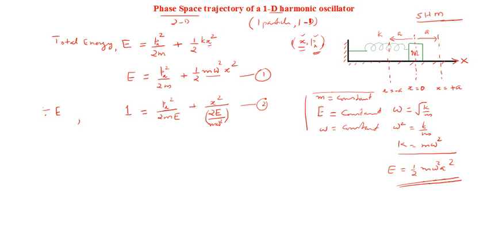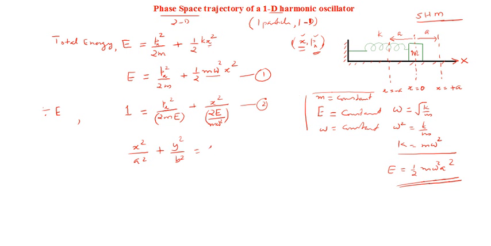Since all these are constant, whatever things are there in the denominator on the right side of the equation are all constants. That gives you one benefit. Can you identify the form of this equation? It is just like x square by a square plus y square by b square equal to 1.